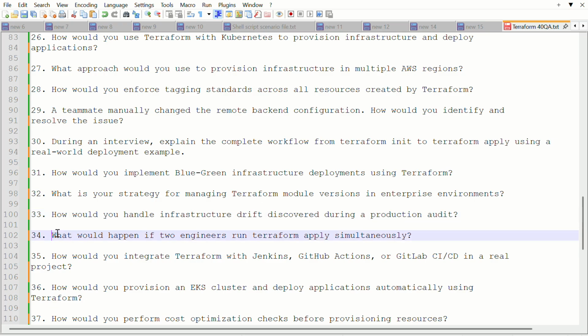And then what would happen if two engineers run Terraform apply simultaneously? If you and I are two engineers working for our XYZ project, and we are working on the same pipeline, so we trigger the same pipeline. Just ignore the pipeline here.